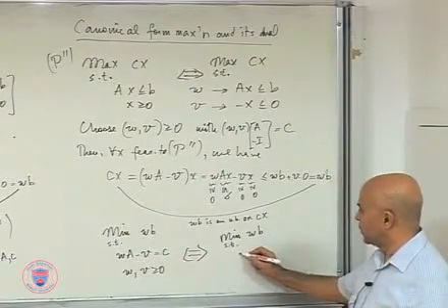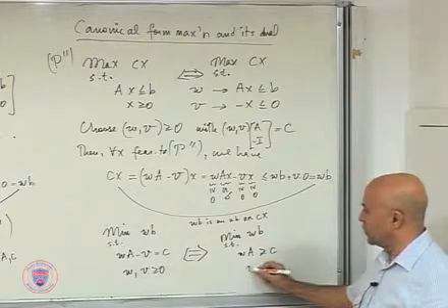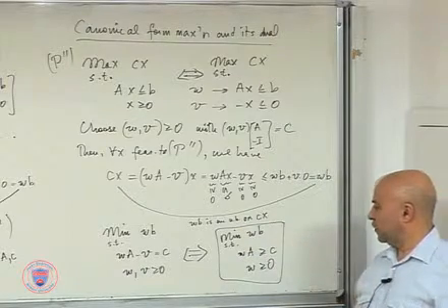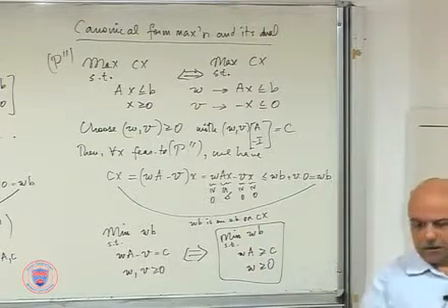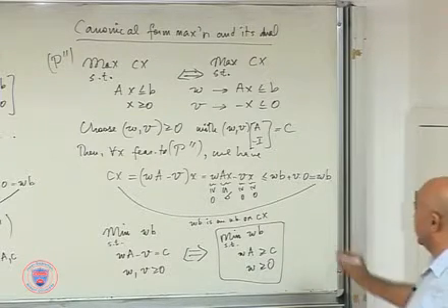So if you drop the surplus variables, you have this kind of constraints with variables only in W. Okay? That's your dual.